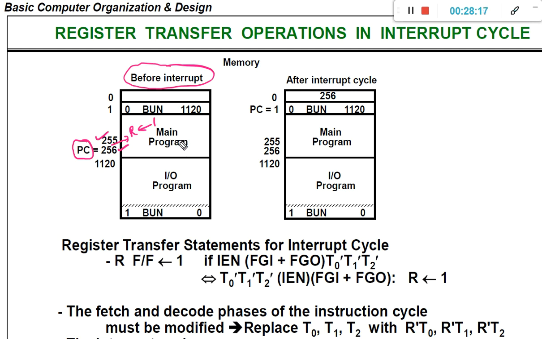Once the R value is set to 1, it needs to store the current value of the program counter and transfer the control to the interrupt cycle. So that is why it needs to store the program counter value to one of the memory locations. Here we are storing the content of the PC in M of 0. Actually, you can store it in any memory location.